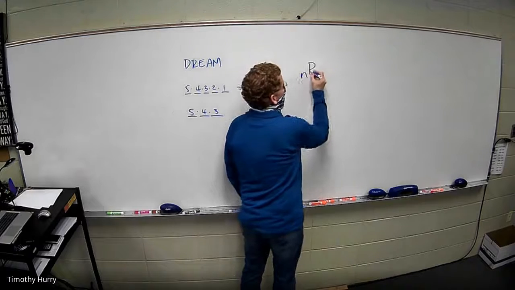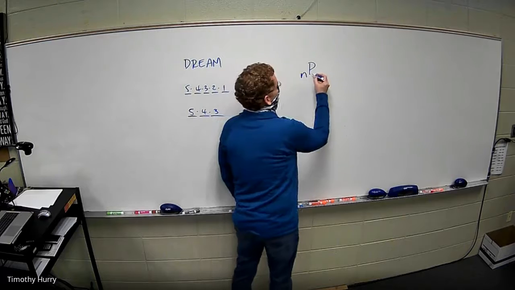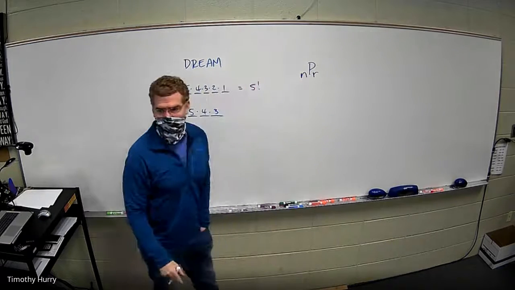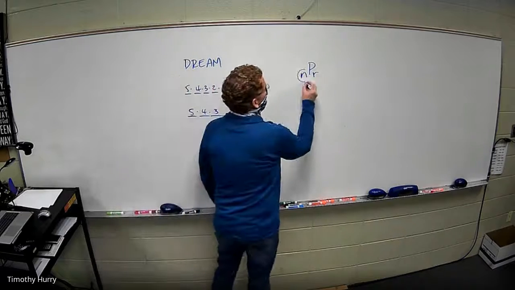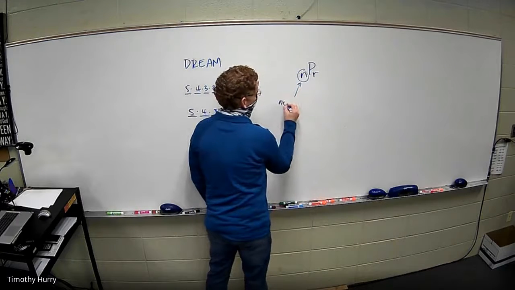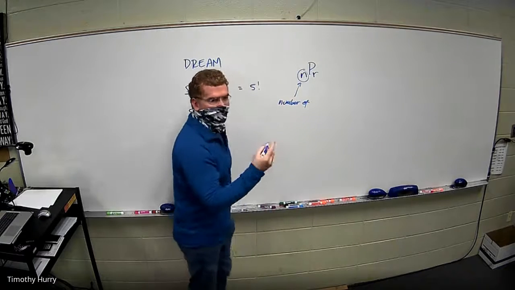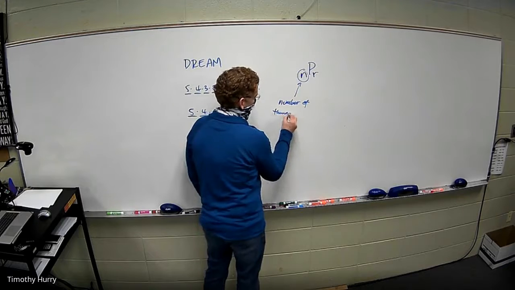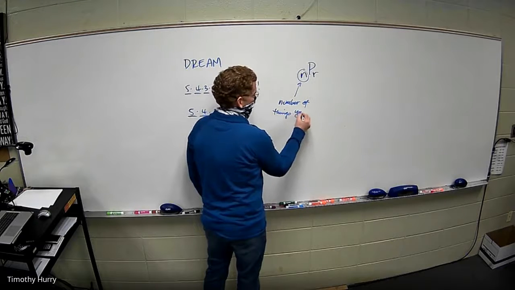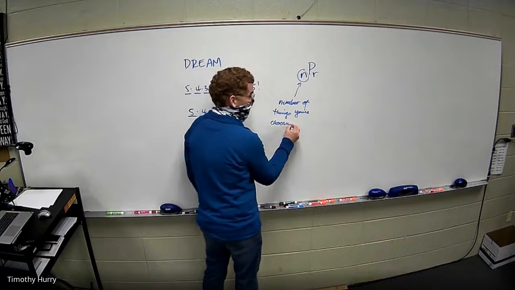The one we looked at yesterday said nPn. But if you look a little further in the notes, it'll say nPr. So n will be the number of things, items, or letters, the number of things from which you are choosing.